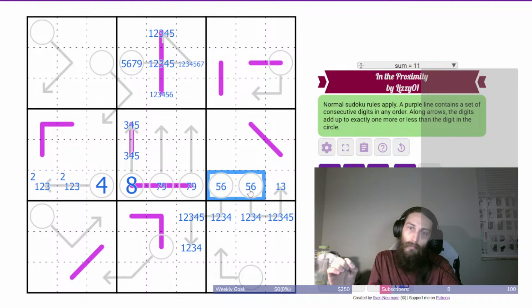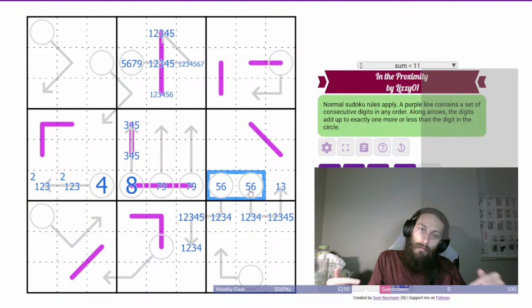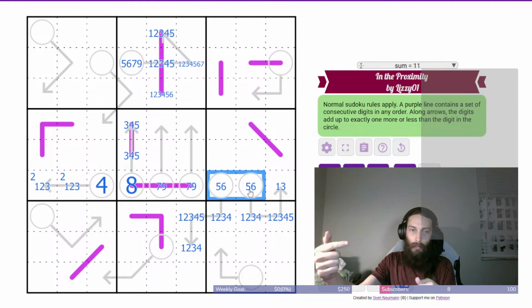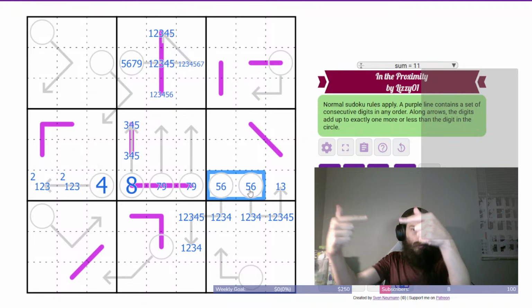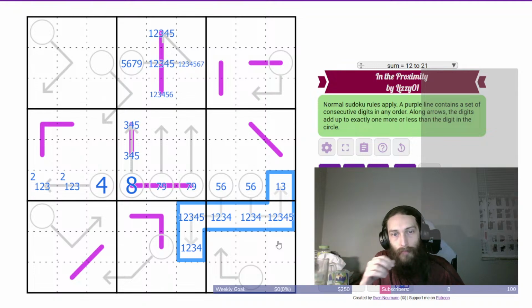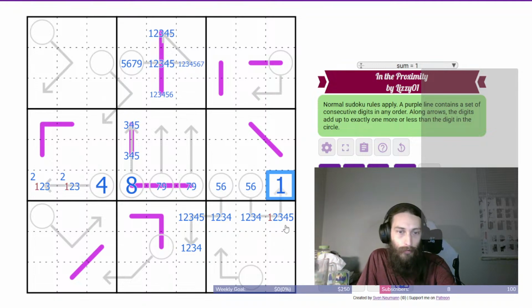Well, if you go down on both of them, that would make 4 and 5, which is 9. Which you can't go down for both. So because it's either down 2 for 9, plus 1 and minus 1 for 11 again, or plus 2 for 13. So these have to be 13, don't they? Because they're minimum 12. And I can't make 12. So I only have 1 degree of freedom. That forces this to be a 1.